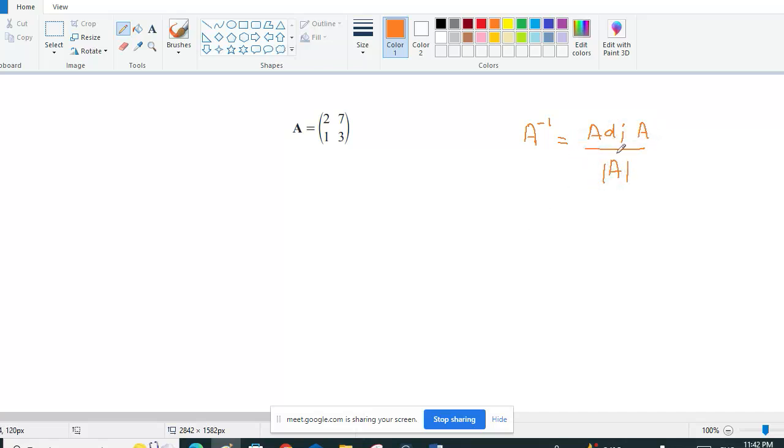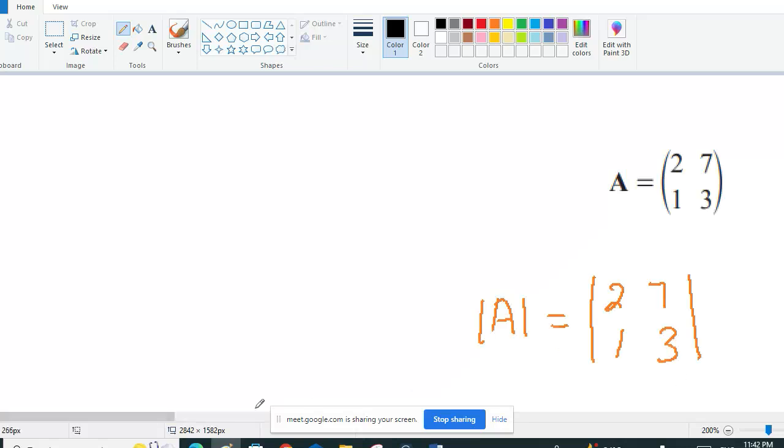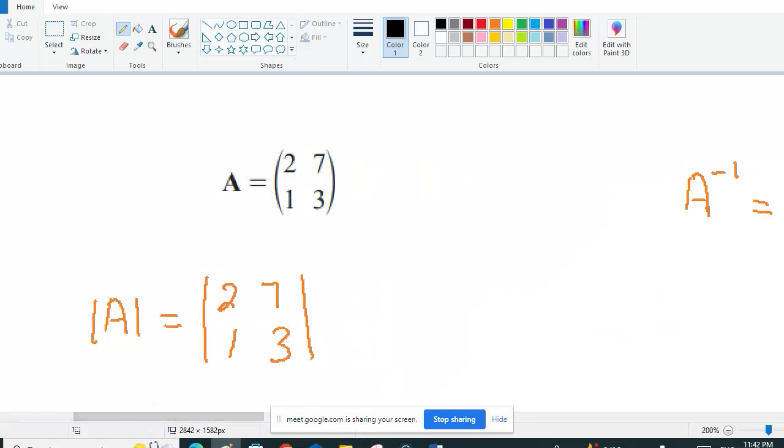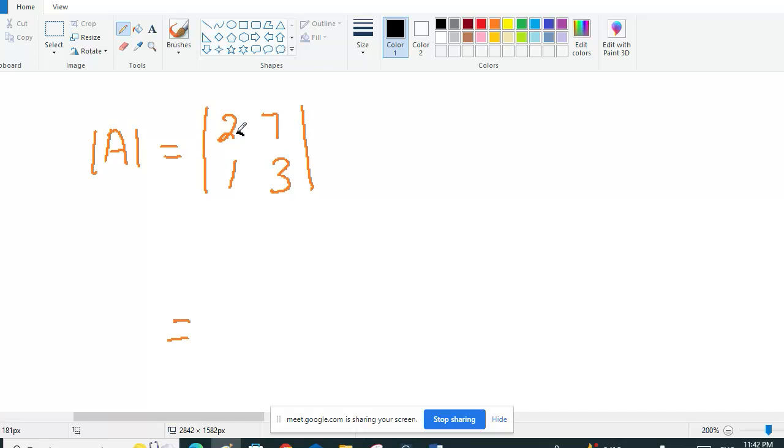First I have to find the modulus A. I'll write modulus A like that, using the straight lines instead of the brackets for the matrix 2 7 1 3. For the modulus A, I'll follow a very simple technique: I multiply 2 by 3 and 1 by 7.